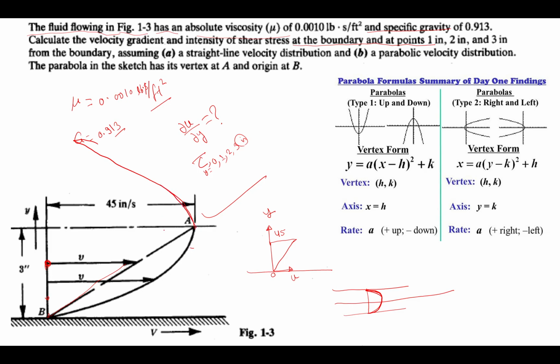So for parabolic, we need to calculate the equation of a parabola and of a straight line. You know the equation of a straight line. First we need to consider A. When we consider velocity distribution A, you know already y is equal to mx plus c. Here in this equation c will be 0. So y is equal to mx.